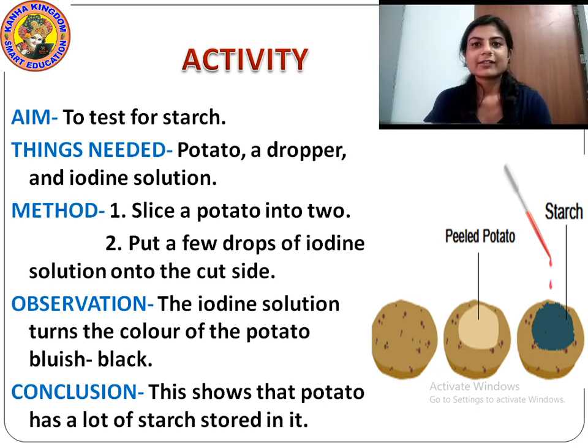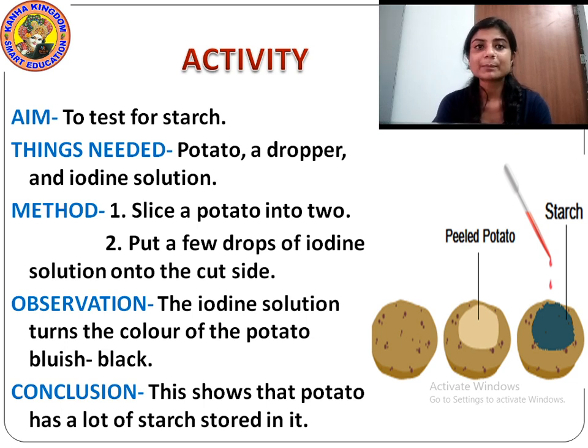See students, there is an activity to show that plants contain starch. The food that is prepared by the plant body, it contains starch. How can you prove it? See, what is our aim to do this activity? The experiment that we perform to show something, that is known as aim.